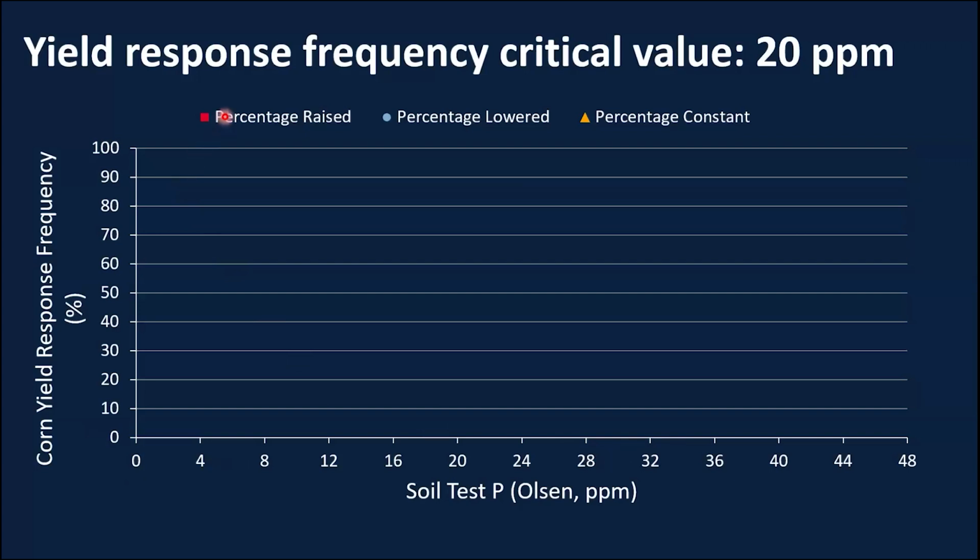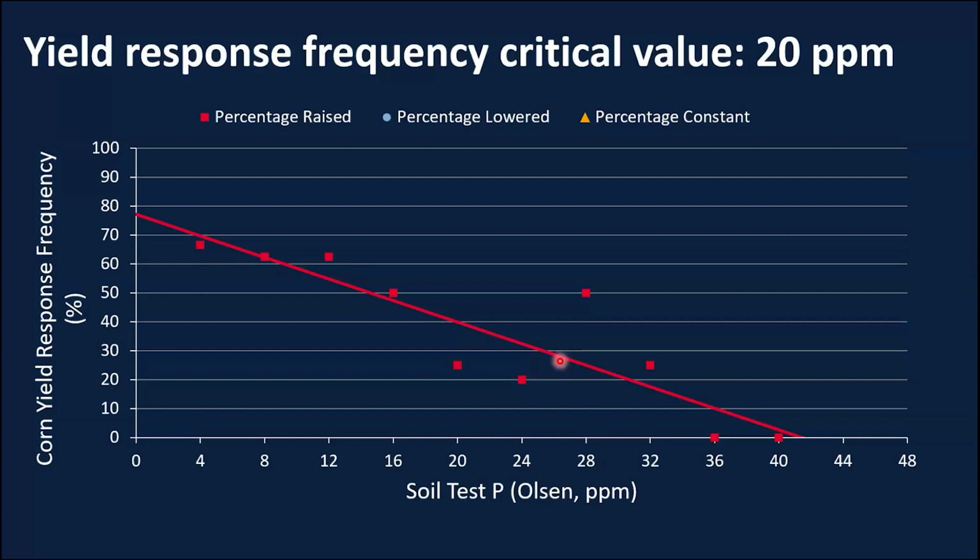This is the first one we're going to look at, as percentage of raised. So if we increase our yield, it's the highest at low soil test phosphorus, and as our soil test P increases, the likelihood of seeing a response decreases. So the percentage of time we see it goes down, which is pretty typical of what we'd expect. Less likelihood of seeing a response at higher soil test P.